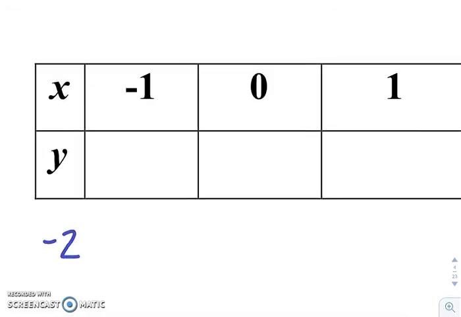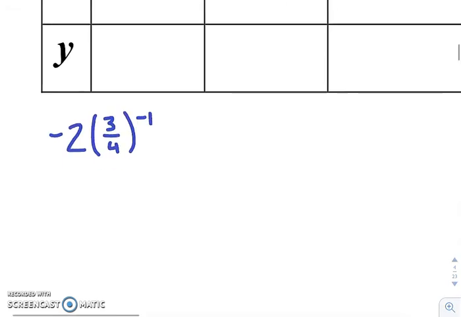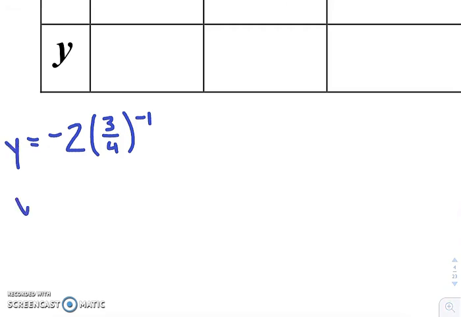So negative 2 times 3/4 to the negative 1. So that negative 1 would go inside there, and what would happen is it would actually just flip the whole fraction, because the 3 and the 4 would both be flipped. So we get 2 times 4/3, which is 8/3.